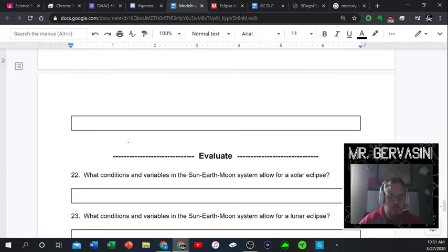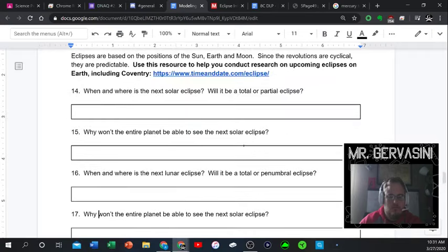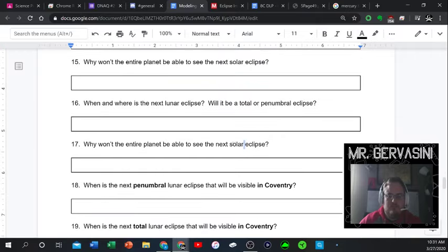Is there another one? 15 is the same as 17? That's just a typo. So, my fault. That should be lunar eclipse. 17's a typo. Should be lunar. Yes, Hike. Should say lunar. So you've got to mark that modeling eclipses once you're all set with the quiz. No, thanks for pointing that out.